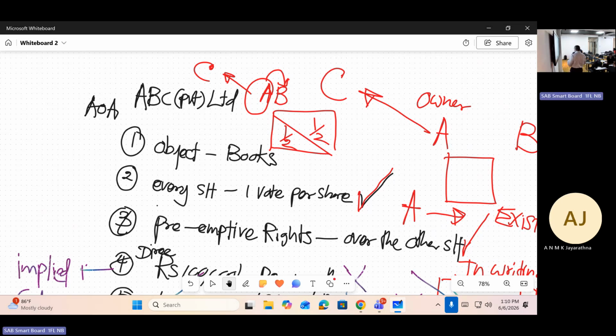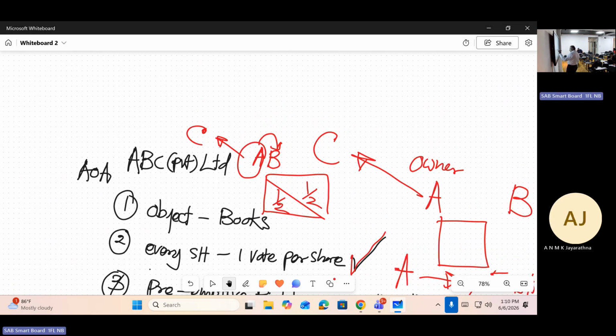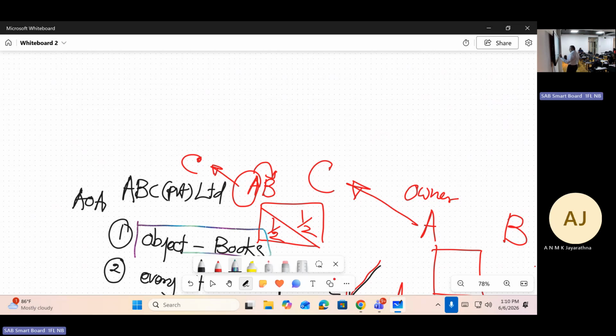Then thereafter we have to consider the object clause. Another very important one, the object clause.